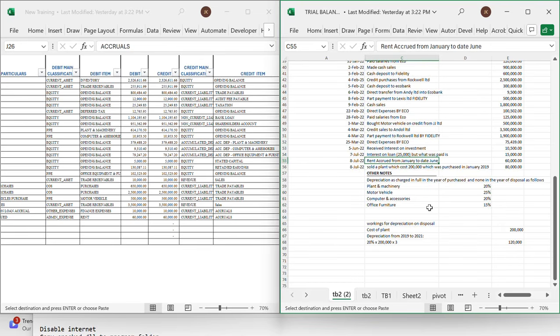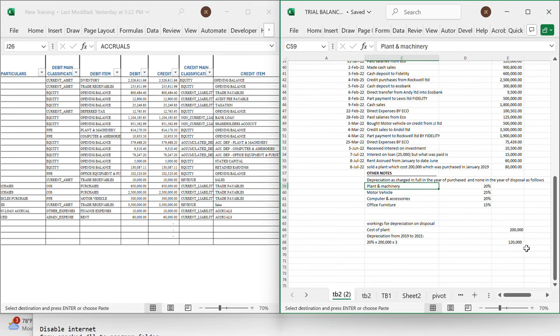For now, we are not going to consider the depreciation for the other assets. We are only going to consider the depreciation for the disposal of assets, right? So we know here they are telling us that PPE is 20%, right? So first of all, we need to check the depreciation from the date of the acquisition to date, right? And then it is going to be 220,000.